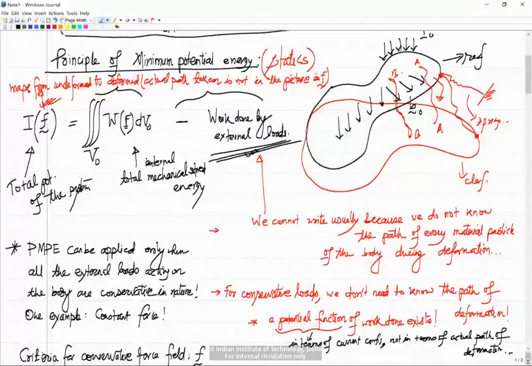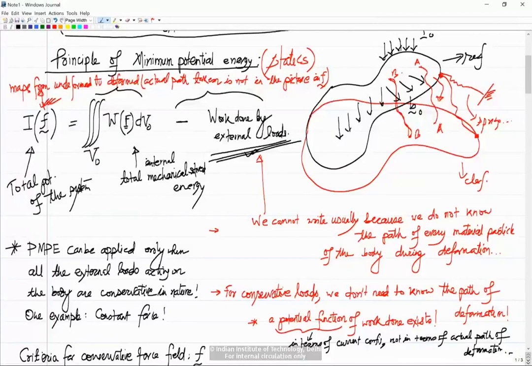Then you can apply the principle that for that system the total energy has to be minimized, but that system has got the body whose energy is the first term here, and then the external agents whose potential energy will be the negative of the work done by those external agents, क्योंकि external agents whatever work they do on the body, they are going to lose that energy, right? Their energy will reduce. If they do some work on something else, their own energy will reduce, so therefore their potential comes with a minus sign here.